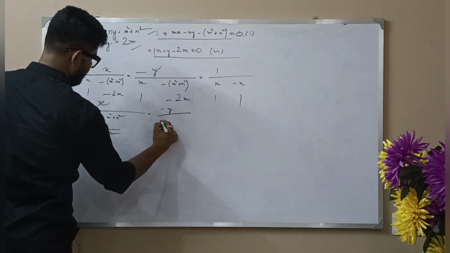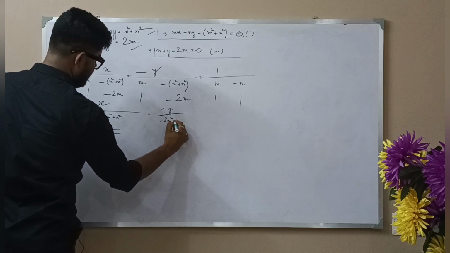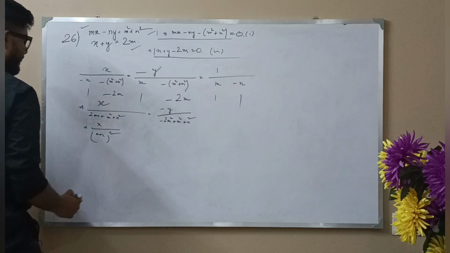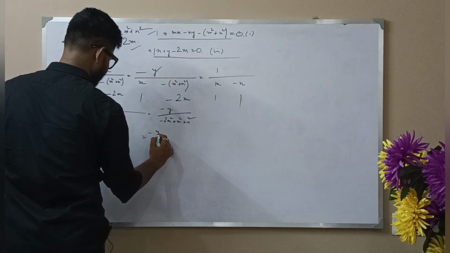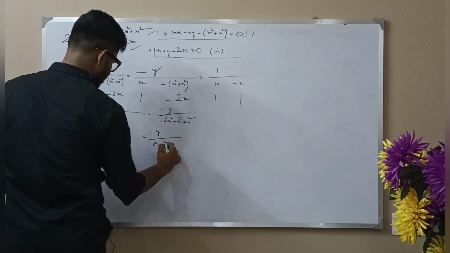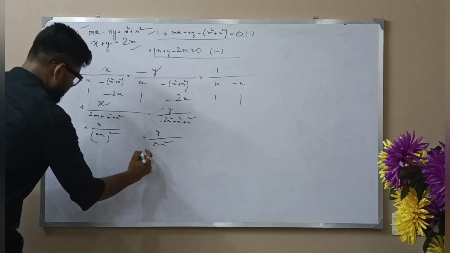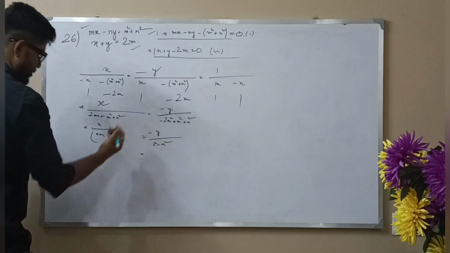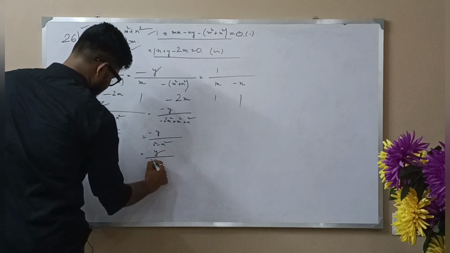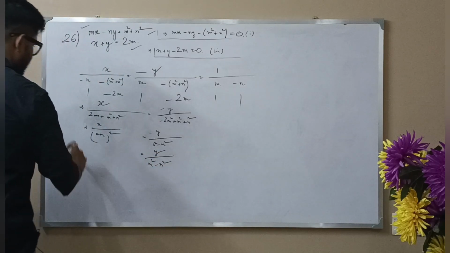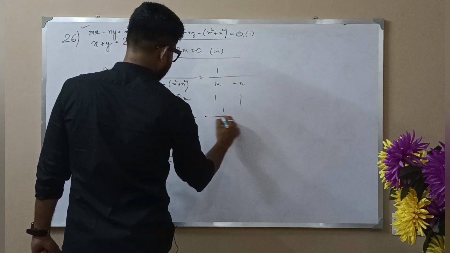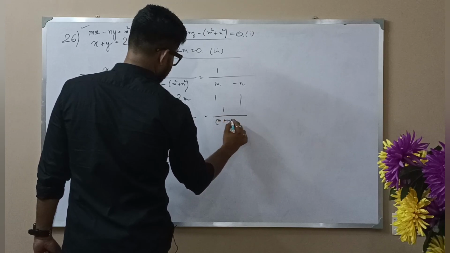Minus of y will give you minus 2m square plus m square plus n square. That will give you minus of y by n square minus m square. We'll take minus common from both the numerator and denominator. So we'll get y by m square minus n square. So now this is x, this is y, m plus n.